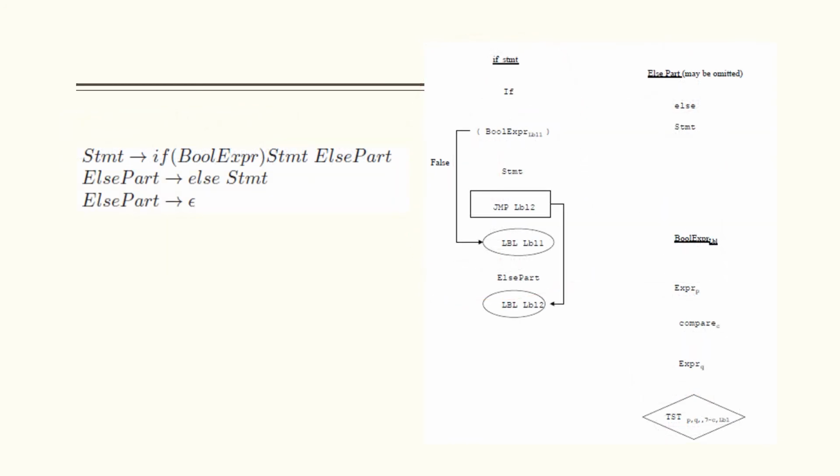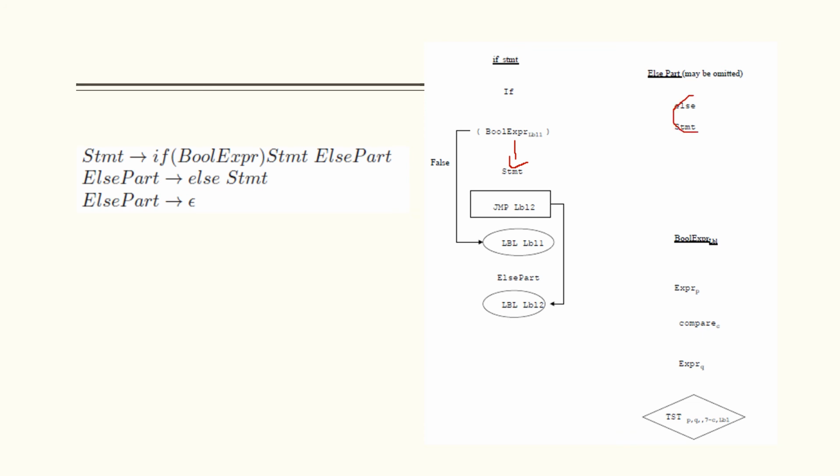For the if statement, we write down if, then the Boolean expression, and a label 1. If it is false, then you go to label 1. If it is true, then you straight away do the statement and jump to label 2. So this is for the if statement. If there is an else part, then do the else part.